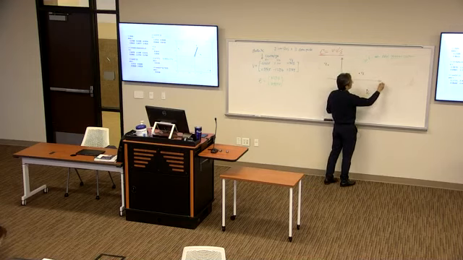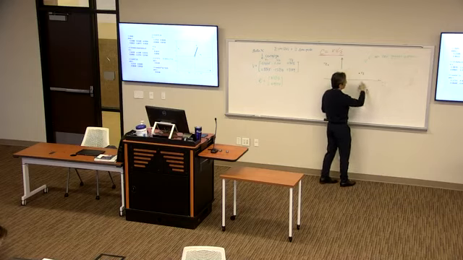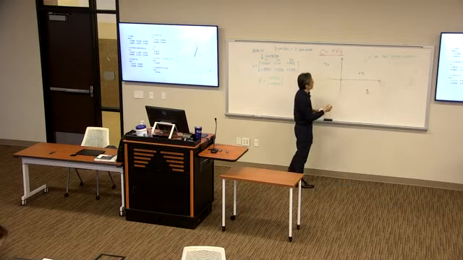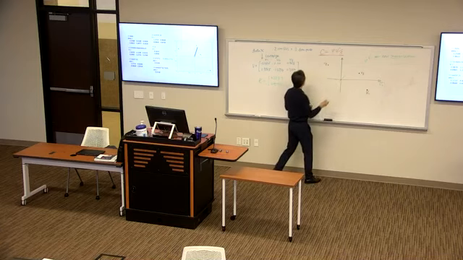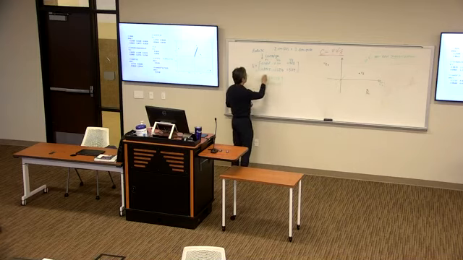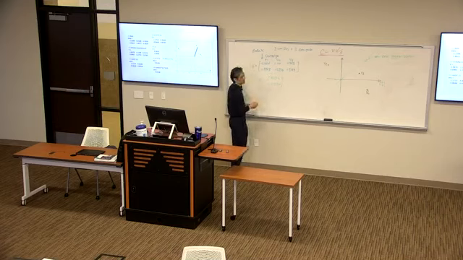This one was the old axis, the old one is 1, 0, and this is my new one. I pick, for example, this one as an example.